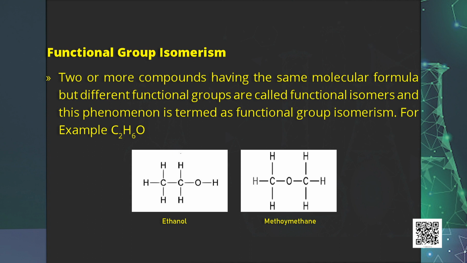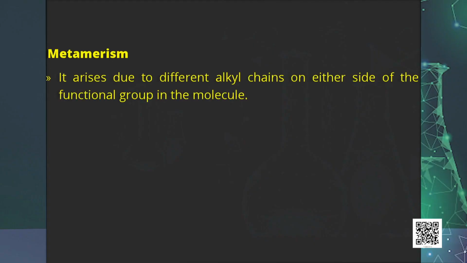Against this molecular formula, we have 2 different compounds, ethanol and methoxymethane. As you can see on the slide itself, one compound has the alcoholic functional group and another has the ether functional group. Last type of structural isomerism is metamerism.